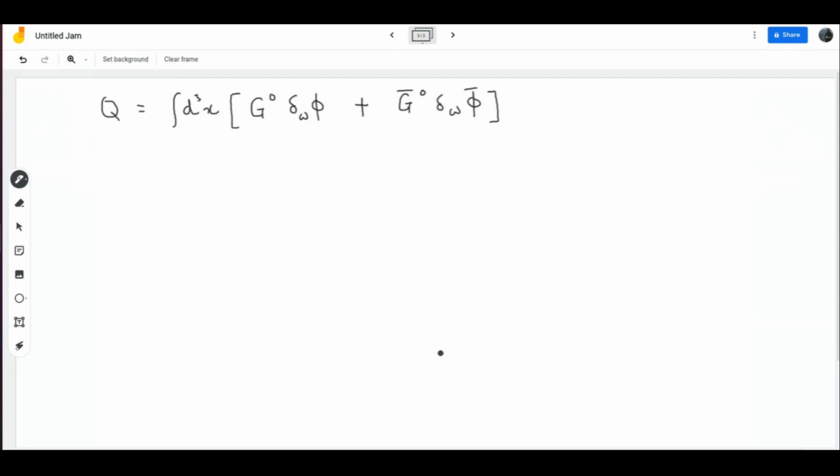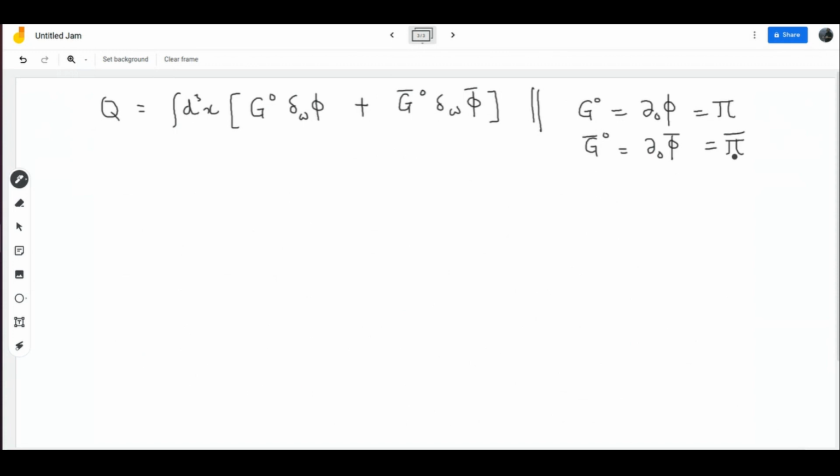That's the way it looks. And what we know from our equation of motion is that G^0 is del 0 phi, which is the same as pi, and G bar^0 is del 0 phi bar, which is the same as pi bar.